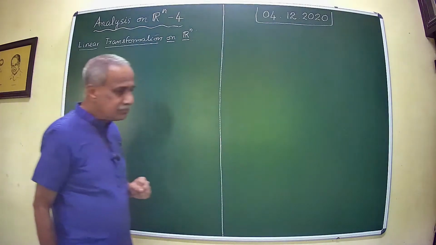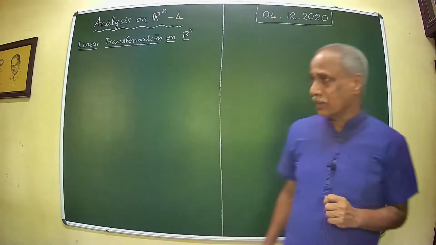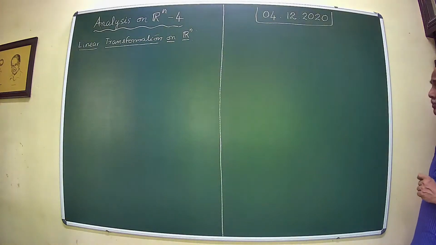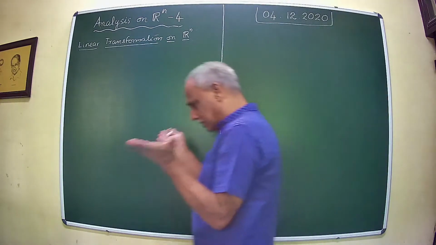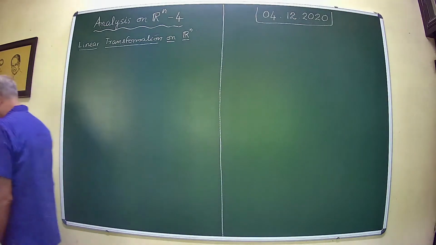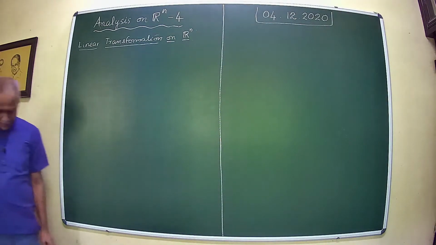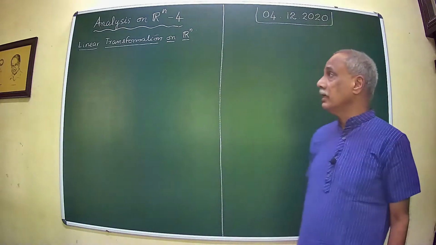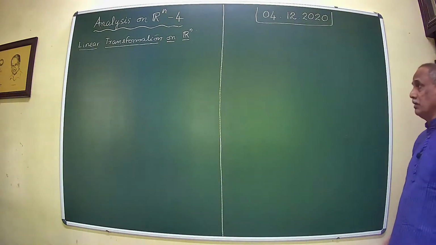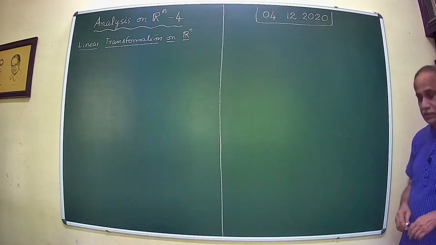Well, we have been continuing our consideration of Rn, and in fact we looked at the basic structure of Rn as a vector space, and then we defined what are called linear transformations on Rn.